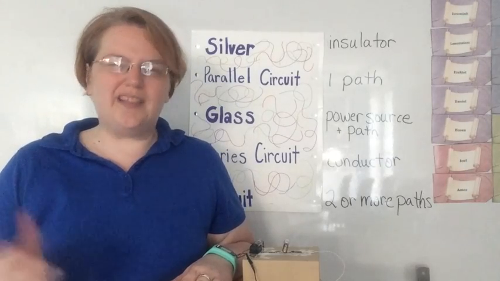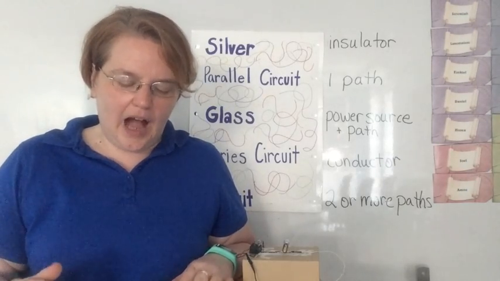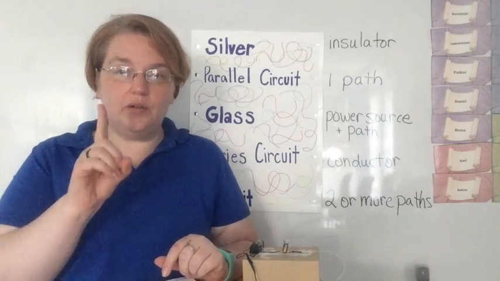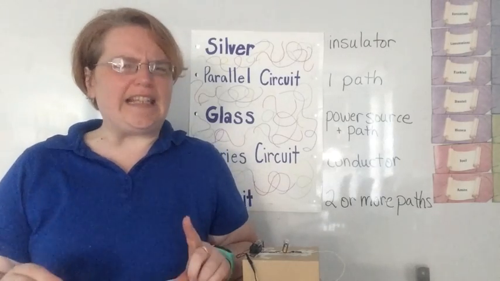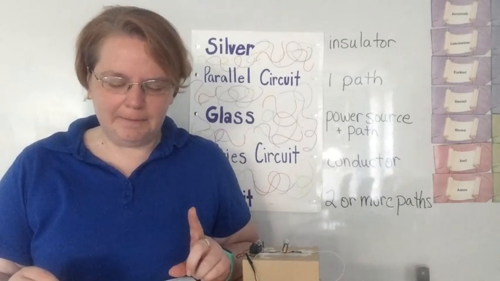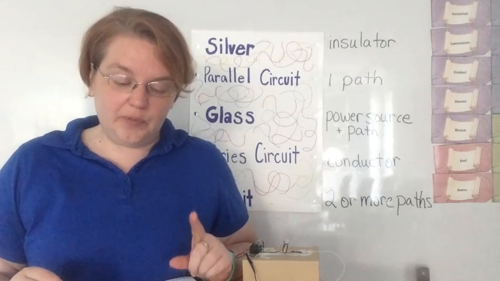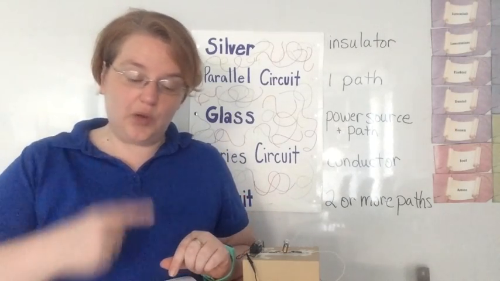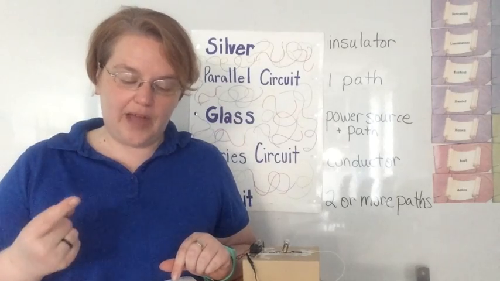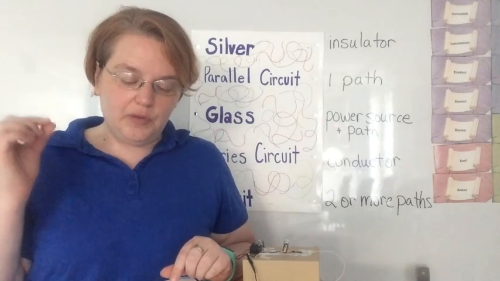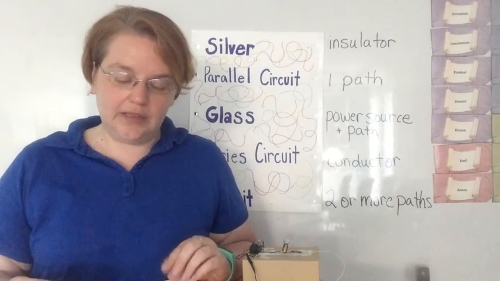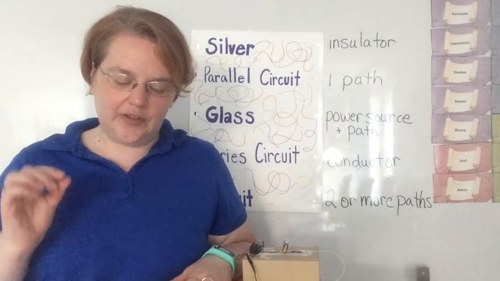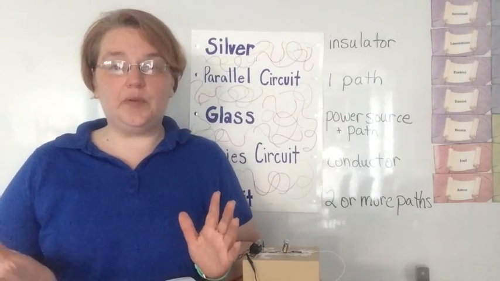Most Christmas lights, the old style, are wired as series circuits, meaning one path, not circuit, I apologize. When one light bulb is removed, all the lights will go out. This happens because there's only one path for electricity to travel through. The removed bulb opens the circuit. Without a complete circuit, the electricity stops and none of the bulbs will light.